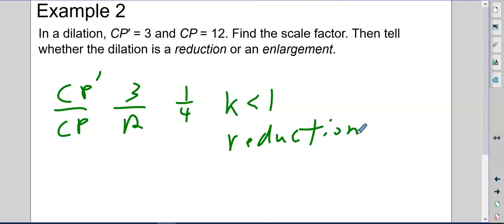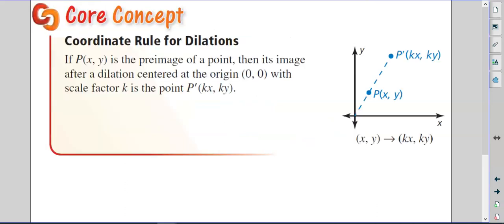Now, if you need to hit pause or go back, you're in control. All right, new rule. This is the actual math of what we've been doing. XY is the pre-image. Here's (0, 0), the origin right here. Notice how this is being multiplied by k every time.